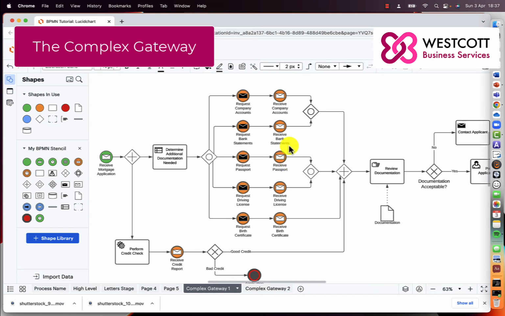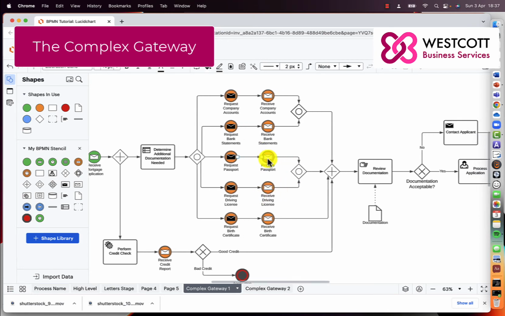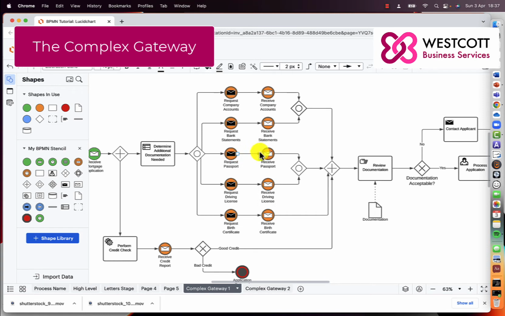Once we receive that documentation back, the passport and the driving license are coupled together here to say that yes, we may need the passport, we may need the driving license dependent on the applicant, but we would always need the birth certificate. So I suppose the documentation is in these pairs.